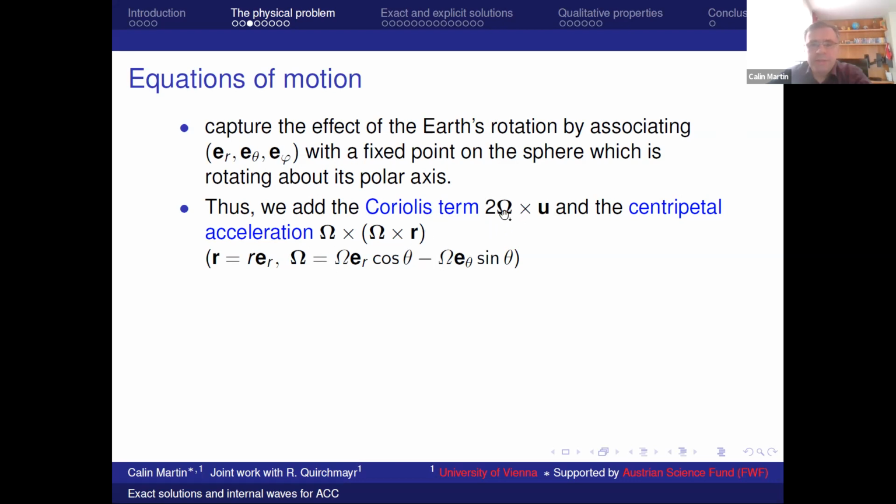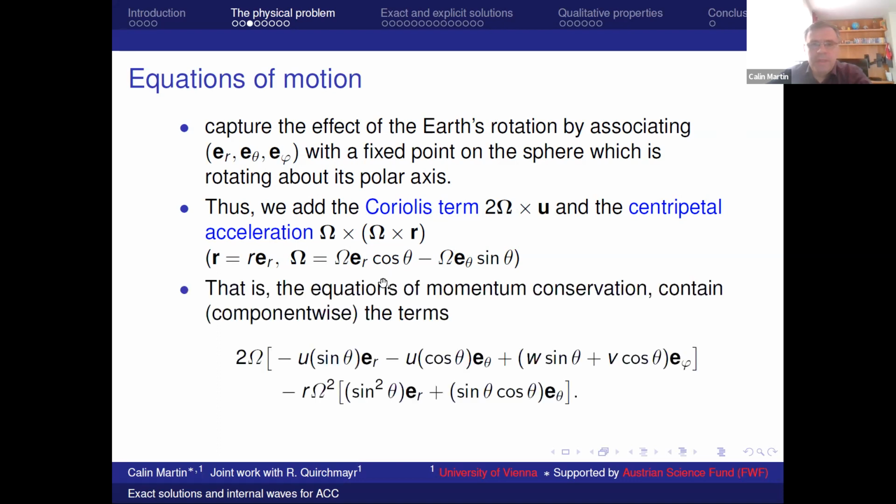Here the boldface omega is the vector, and this is its absolute value. The Euler equations of motion will contain these additional terms.